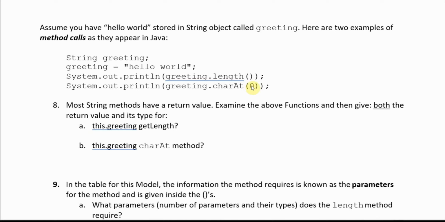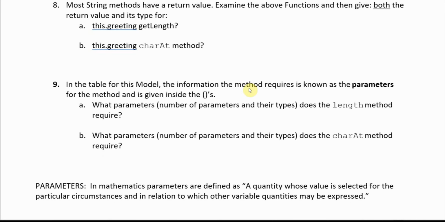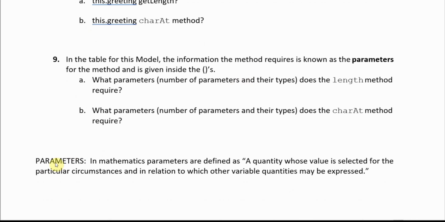This is a parameter, and I wrote down a definition for a parameter that I found. This is just math. You could do it with alpha characters as well, but in mathematics, it's a quantity whose value is selected for the particular circumstances and in relation to which other variable quantities may be expressed. That's a lot of words.